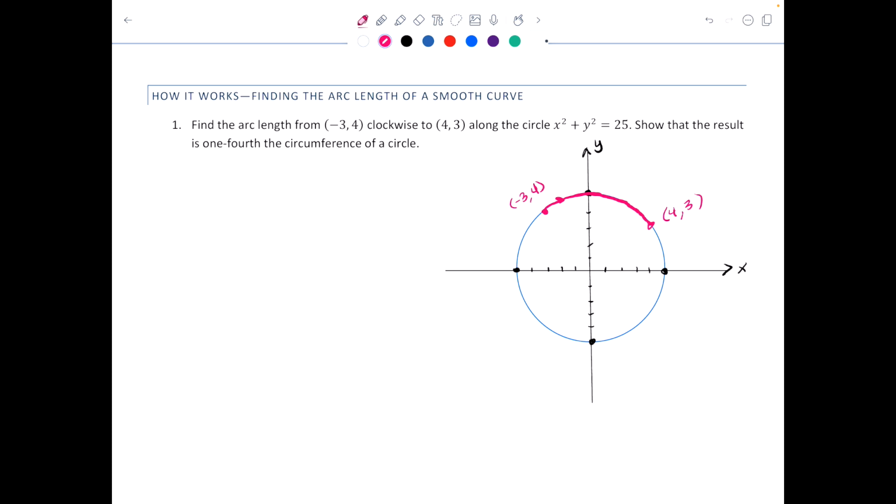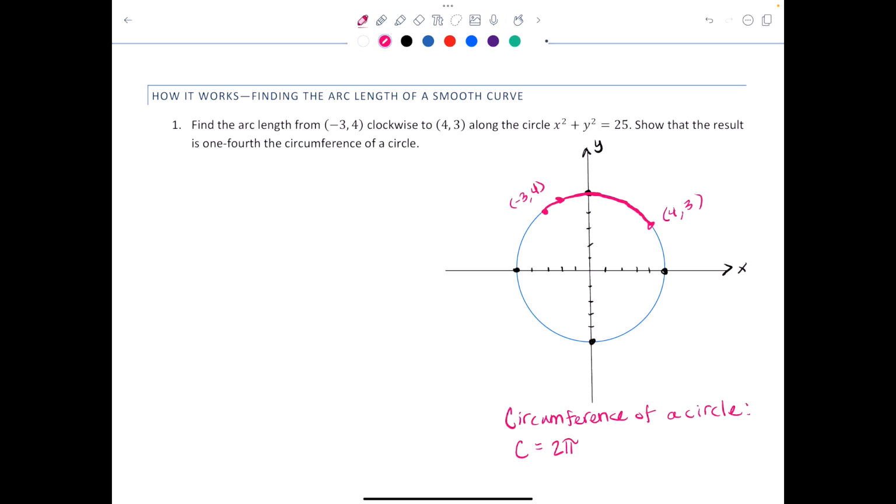Let's do the easy part first, right? We want to work out our magic on the integral, using our calculus to find the arc length, but circumference is also arc length, right? So remember, the circumference of a circle is C equals pi times the diameter.